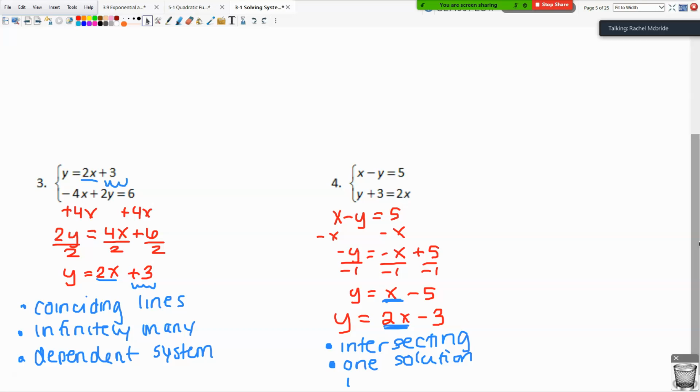And these are independent. So I always like to remember intersecting goes with independent. Intersecting goes with independent.